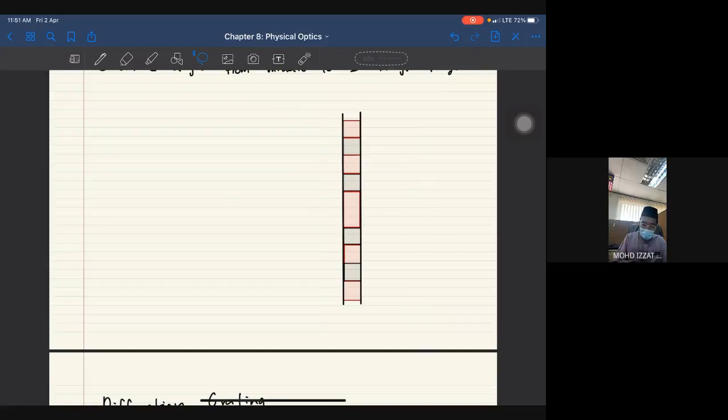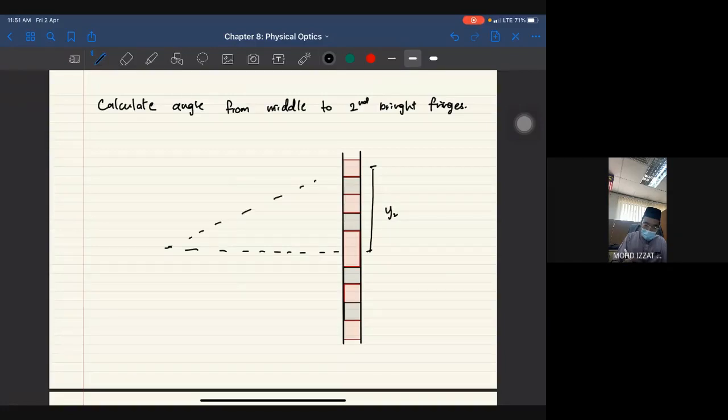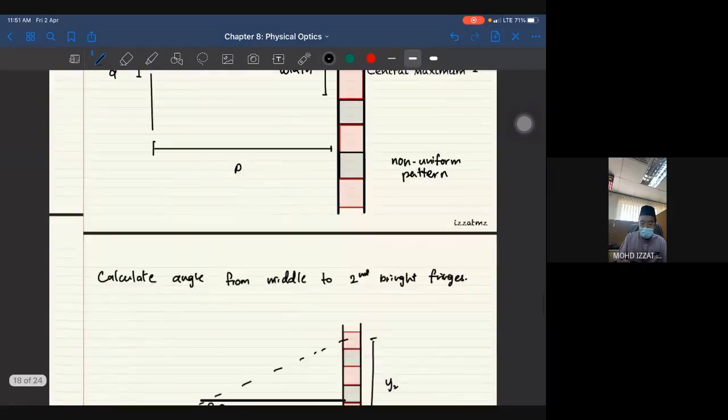Okay, contohnya ni adalah pattern dia. Dia kata nak cari angle daripada middle one. So this is the middle one. Sampaikanlah ke second bright fringe. So then you want to find this angle. If you want to find this angle, obviously you can use this formula.